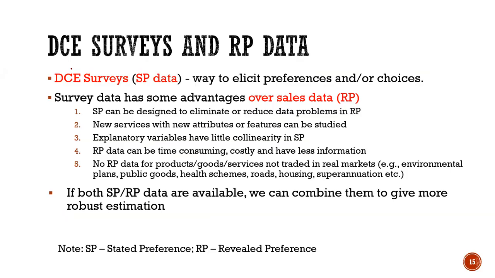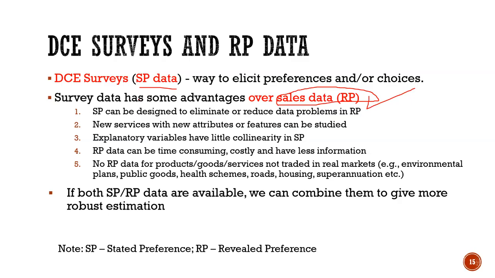Now, the discrete choice experiment data, which is called the stated preference data that we discussed on the last slide, has some advantages over the store data or the revealed preference data. Some of the advantages are that it is very difficult to obtain this type of data.